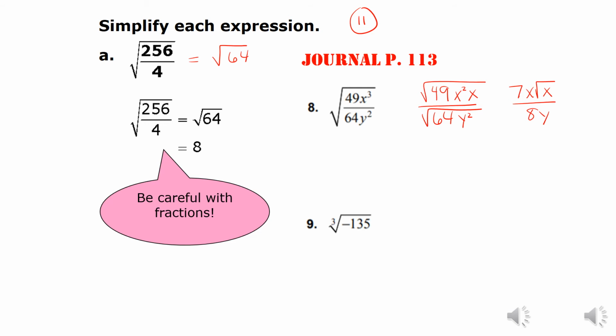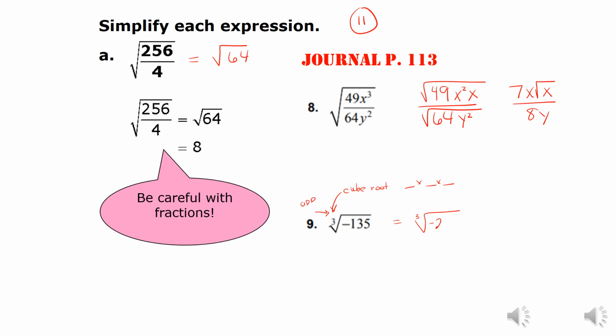Now, be careful, this is asking for a cube root, which means we're trying to find something that's multiplied by itself 3 times to equal the number. And that's the only time that you can have a negative. So if you have an odd root, then you can have a negative inside. But the first thing we're going to have to do is factor this into perfect cubes, because negative 135 is not a perfect cube. So I try to think of perfect cubes, and so 27.